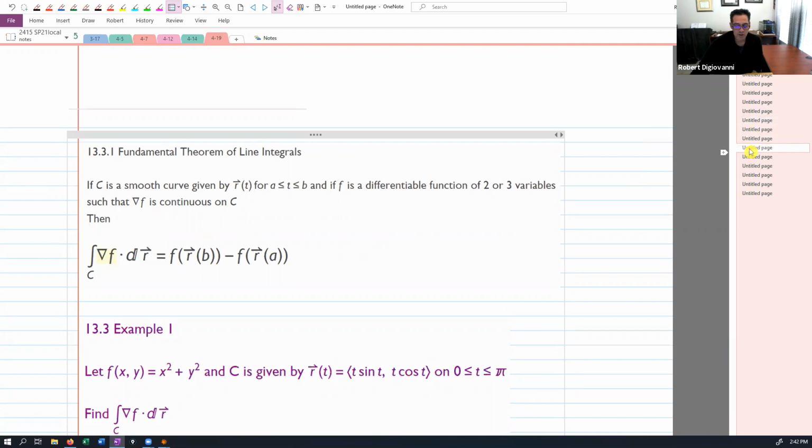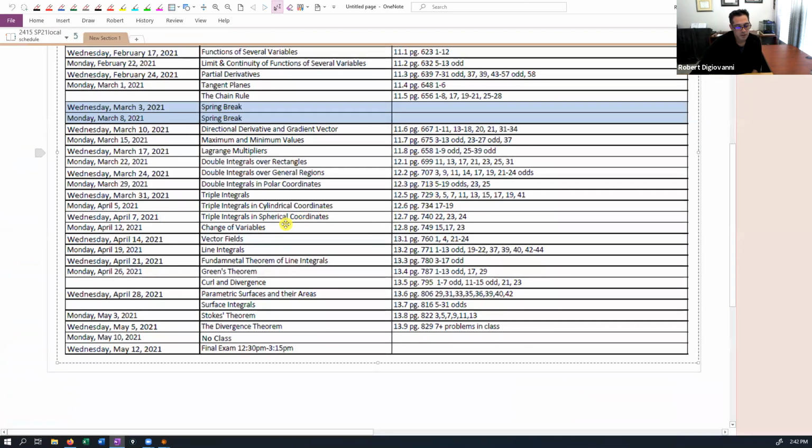Try and do as much as you can on your homework for this. For line integrals, I'll just tell you what you should be able to handle up to this point.